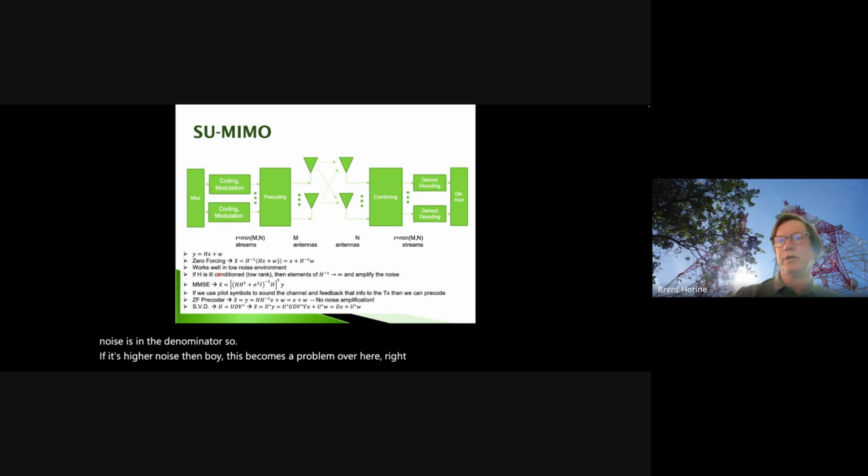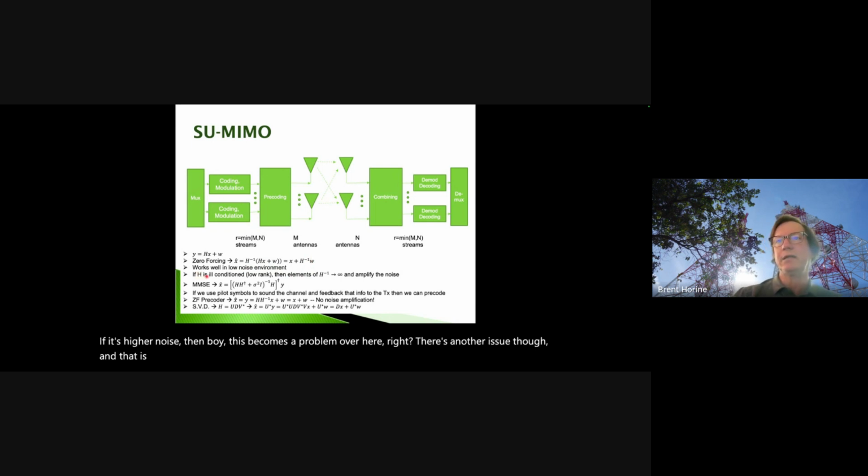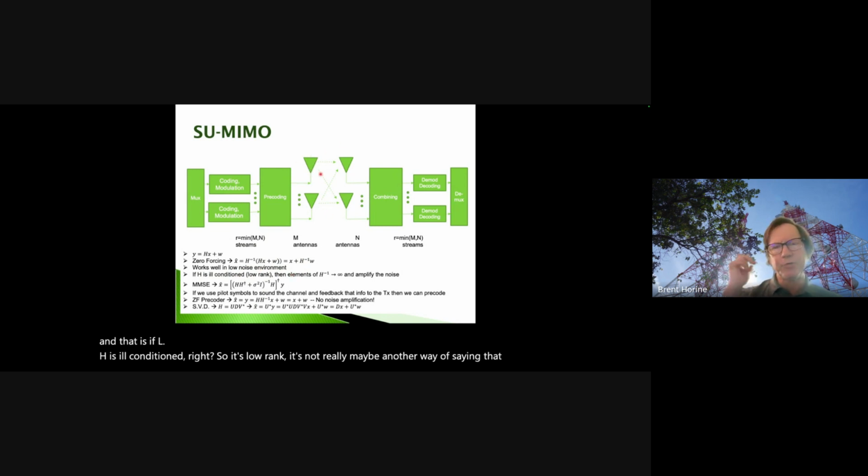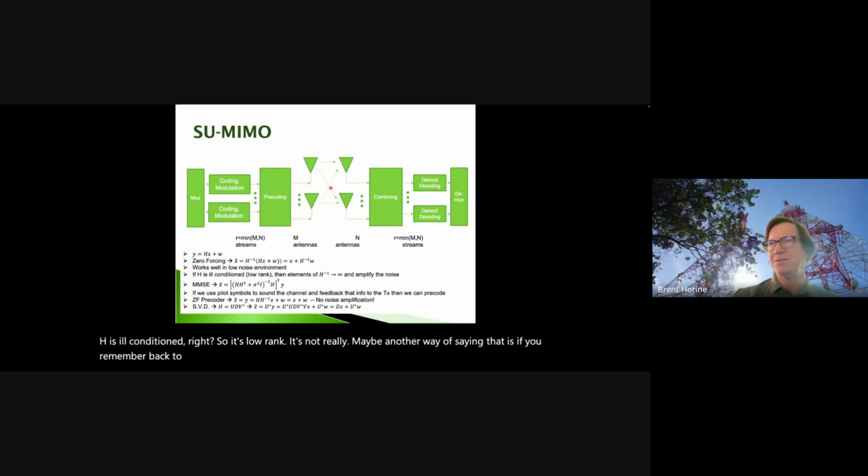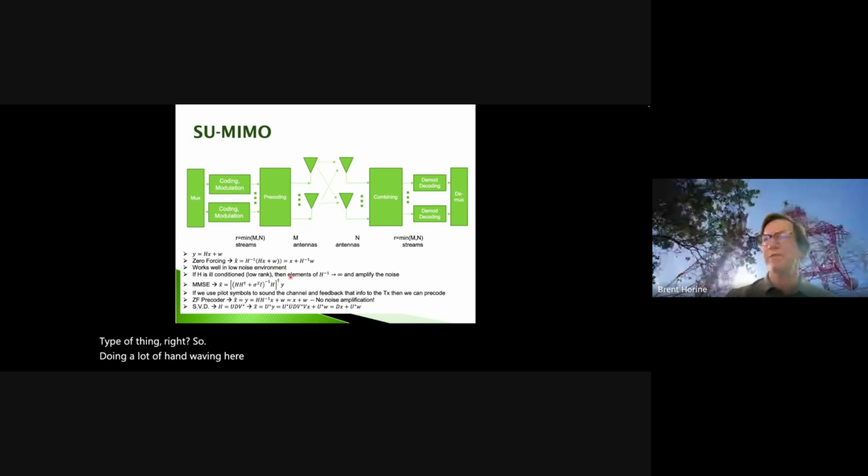There's another issue though, and that is if H is ill conditioned, right? So it's low rank. Another way of saying that is, if you remember back to your matrix inversion theory, you looked at how many of these things are linearly independent, right? So I'm doing a lot of hand waving here, but hopefully you remember a little bit of that.